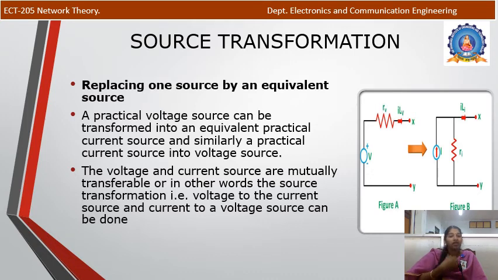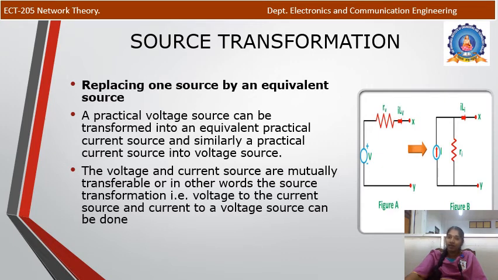So voltage and current sources are mutually transferable, or in other words, source transformation is possible, but there will be some changes in the circuit. In this figure, a voltage source with a series resistor is equivalent to a current source with a parallel resistor.